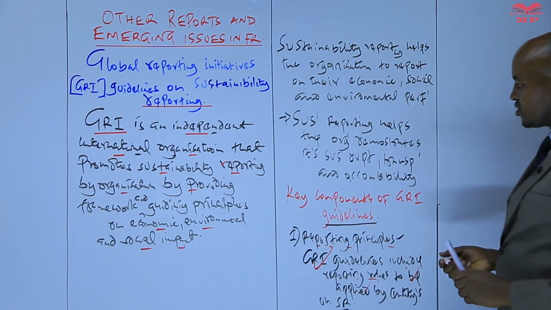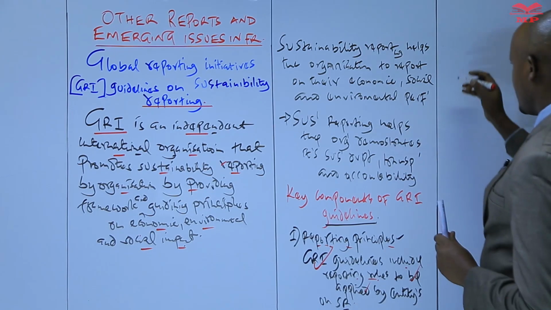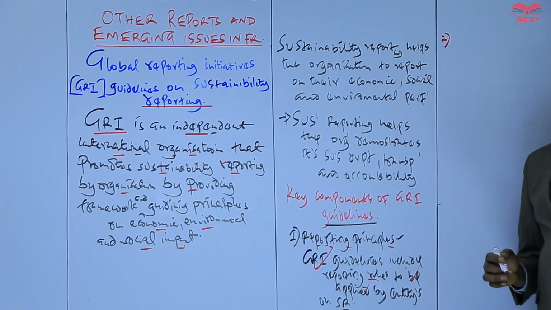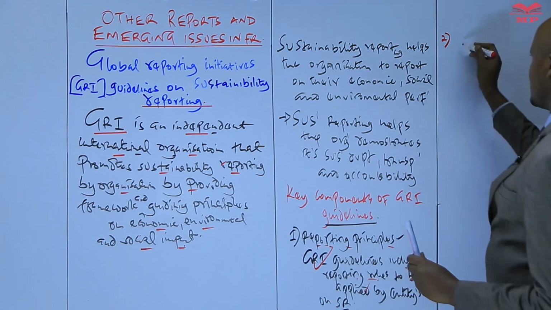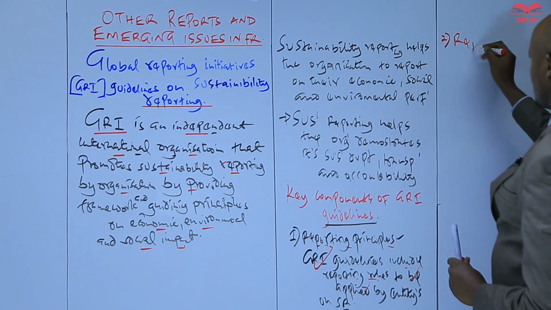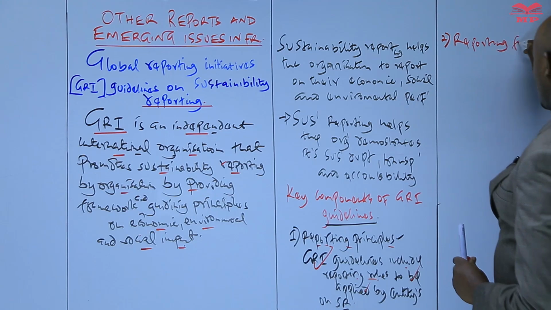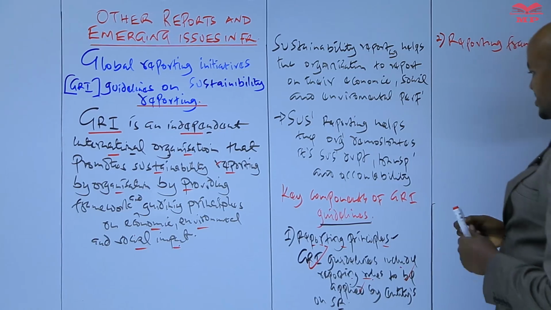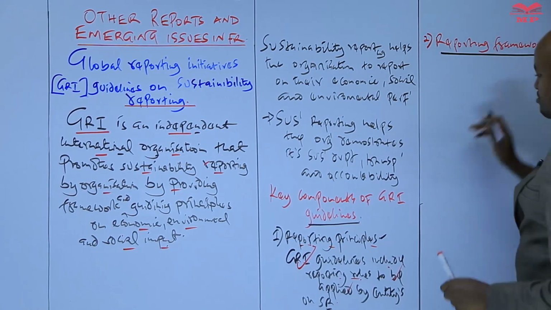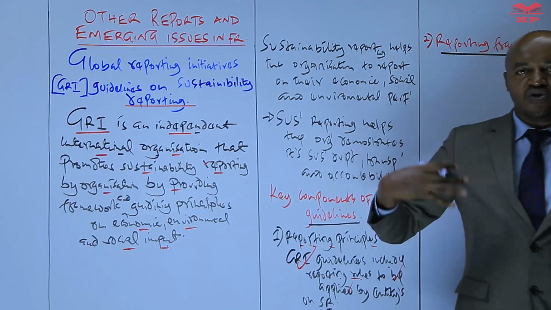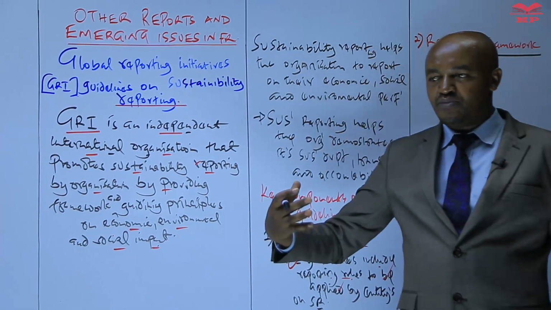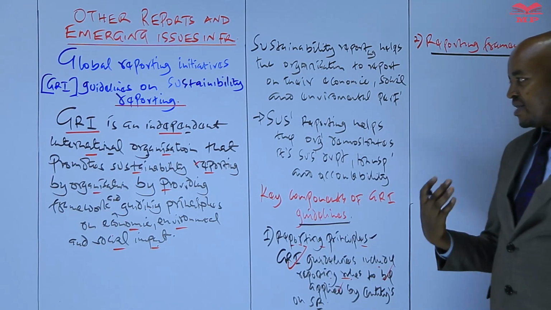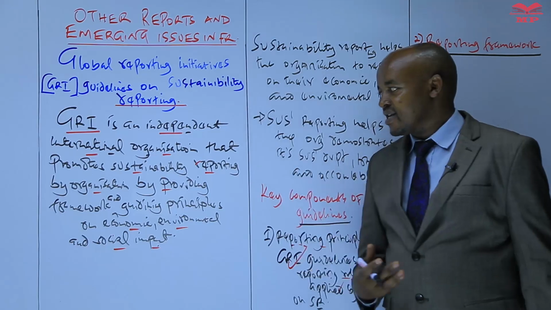The other key component of the Global Reporting Initiative guidelines, component number 2, is the reporting framework. This is a little bit different from the reporting principles, because principles are the rules, a set of reporting rules to be applied by entities when undertaking sustainability reporting.